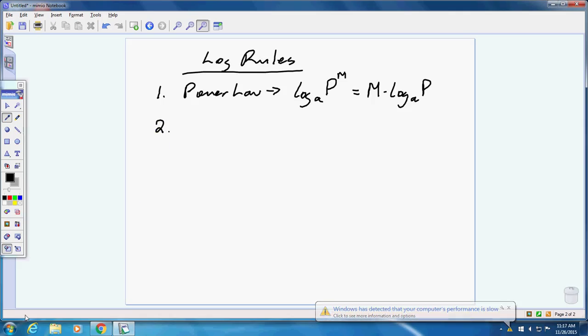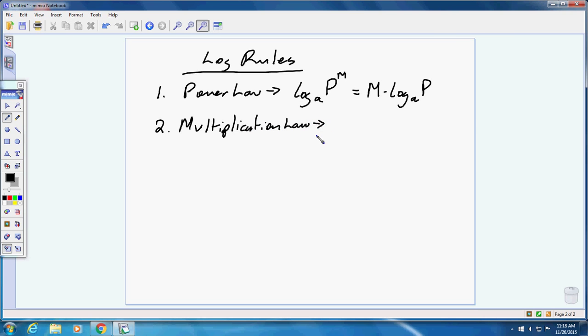2. Now, this one, again, multiplication law. Okay. So now this one, log base A of m times n equals. So let's think about this.